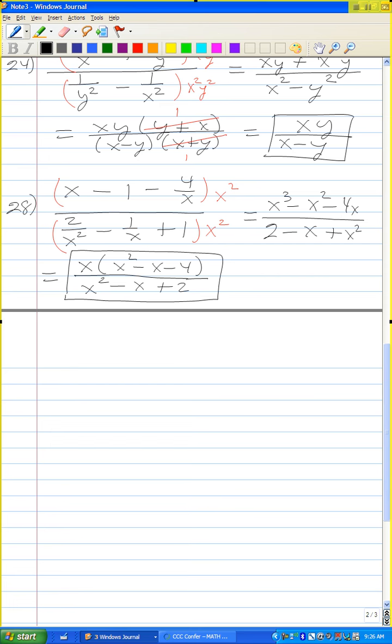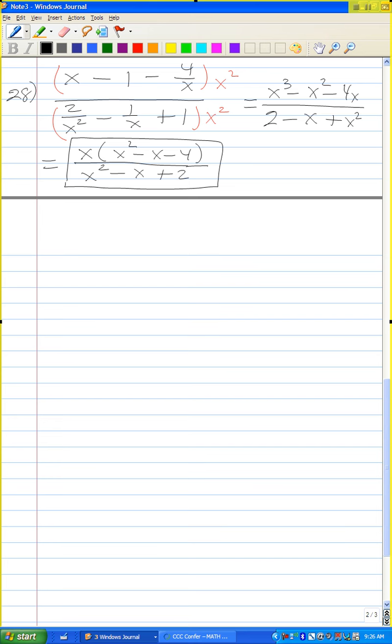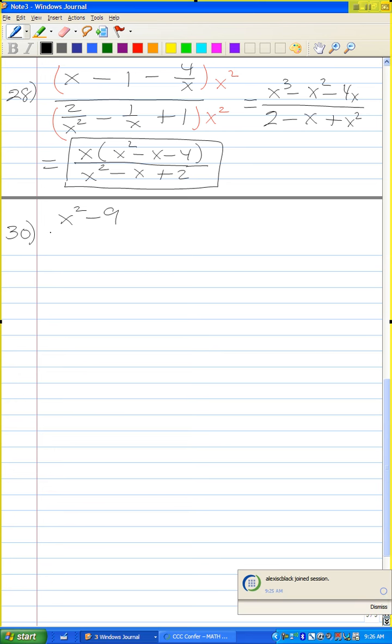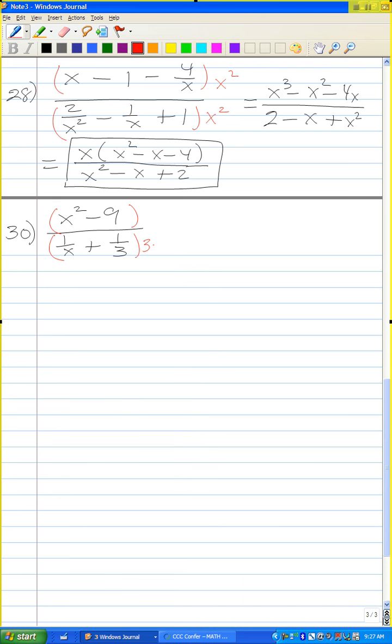Let me do problem number 30. And so this is x squared minus 9 over 1 over x plus 1 over 3. Okay, so let me multiply and divide this by the least common denominator, which in this case is 3x.